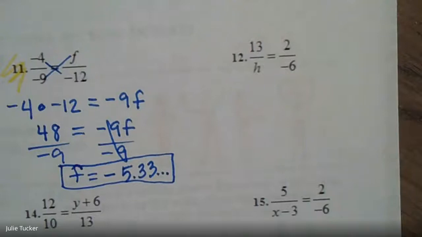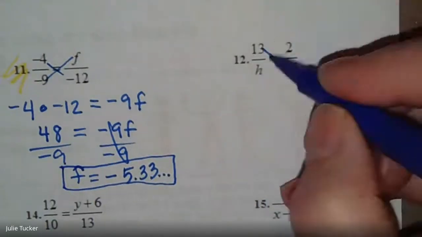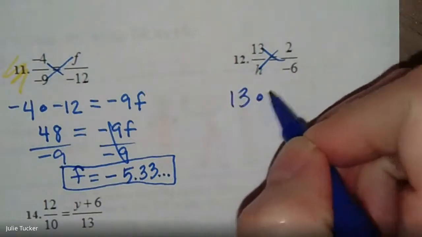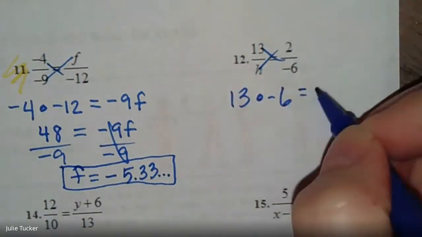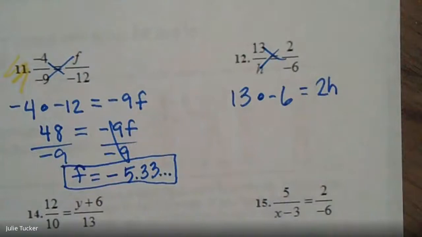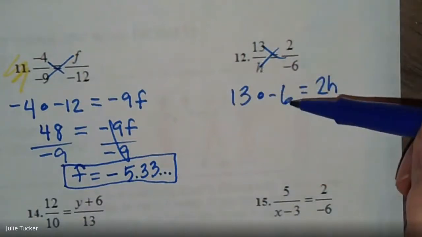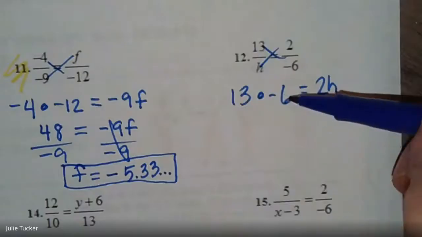Okay, so 13 times negative 6 equals 2 times h. So let's do this one in our heads. What is 10 times 6? And 3 times 6?